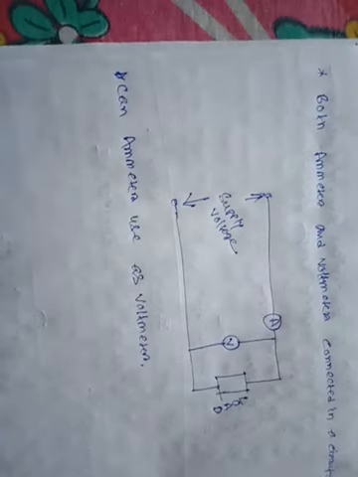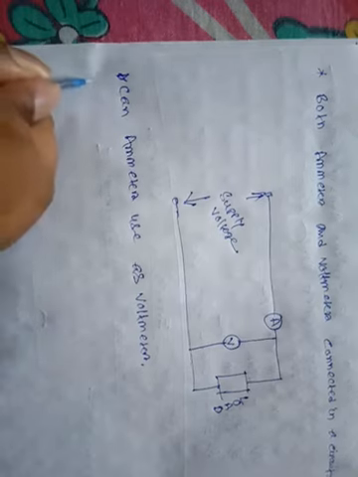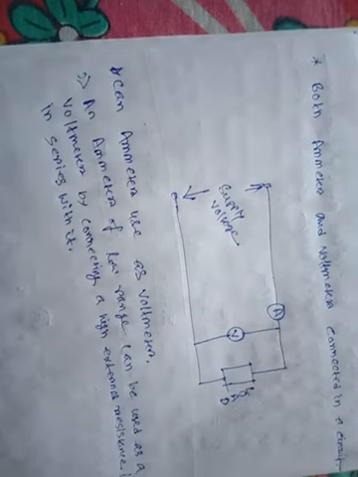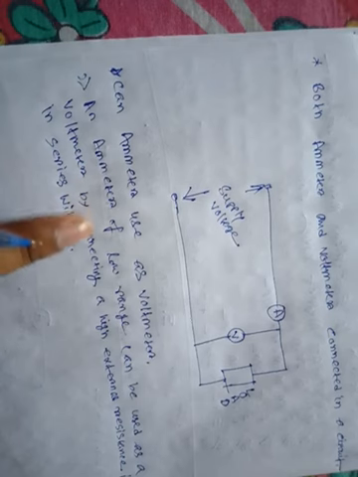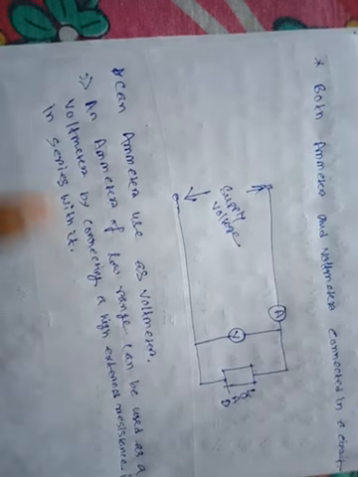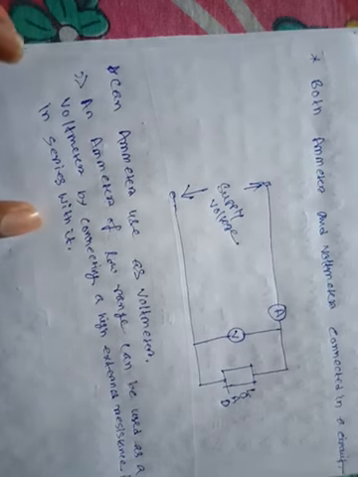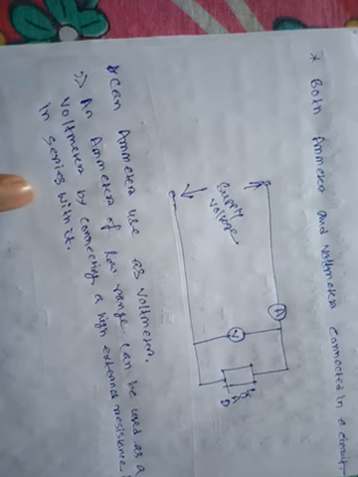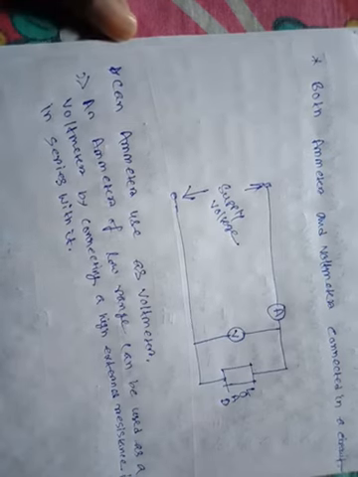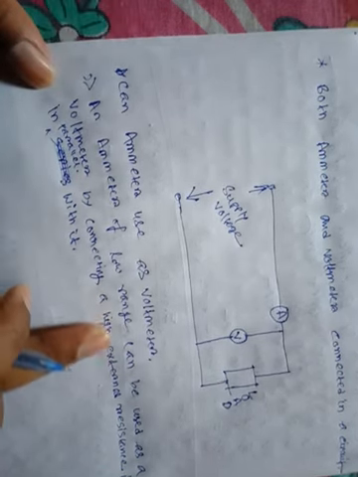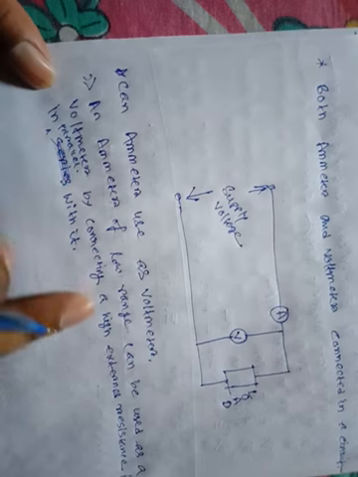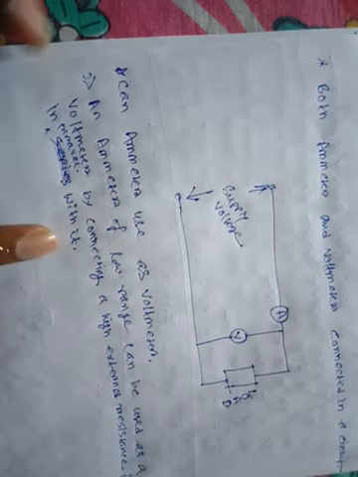Can an ammeter be used as a voltmeter? An ammeter of low range can be used as a voltmeter by connecting a high external resistance in series with it.